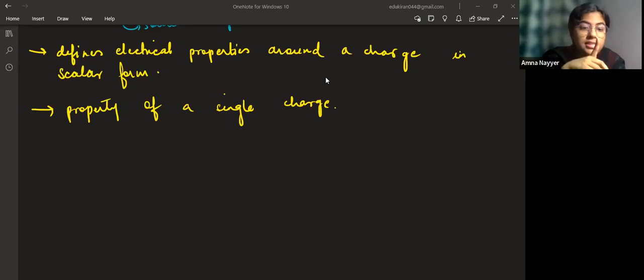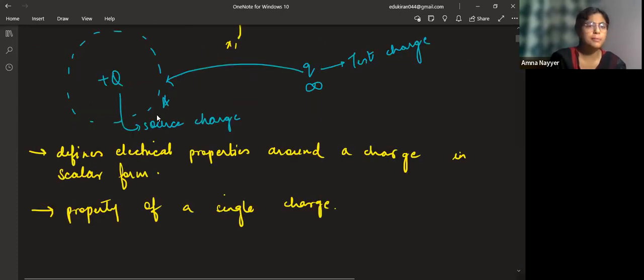But the difference is that potential is actually the work done. This is not energy, it is the work done. But by what? Potential will only be equal to work done when your charge is a unit positive charge. How this is possible, I'll tell you. See, let's say this is my final point, some potential is here, and this is point at infinity.